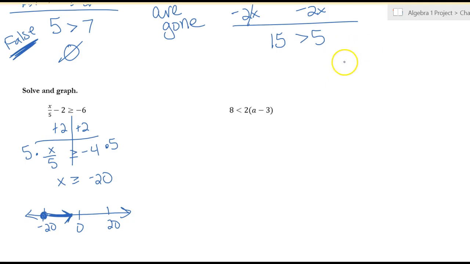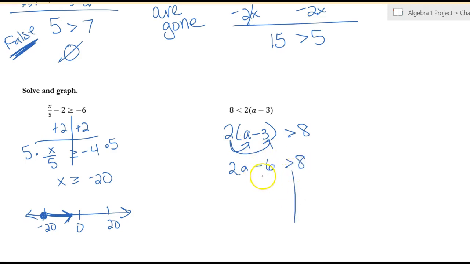Okay? What I'd like you to do is try this second one here. When you think you have it, go ahead and press play. Okay, so maybe some of you did this first, flip the inequality. If you didn't, you're still going to get the same thing. So you should have distributed. Don't forget to distribute to the 3.